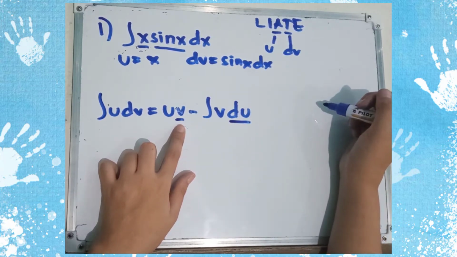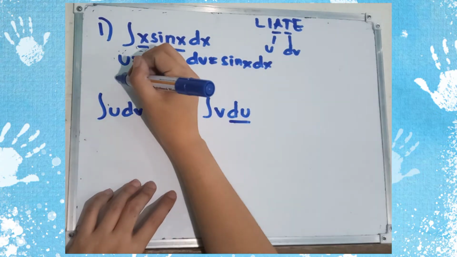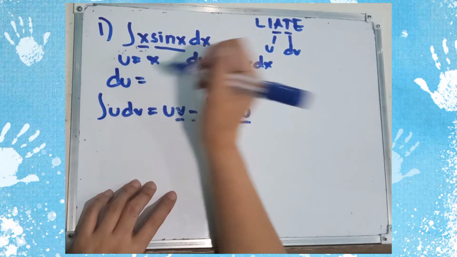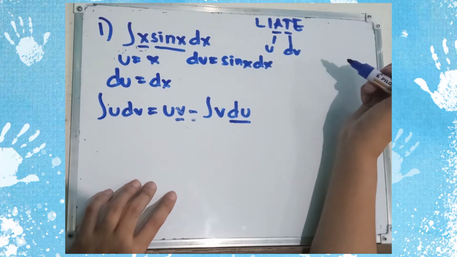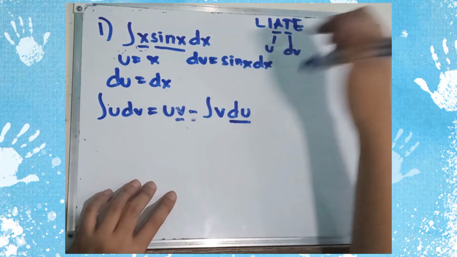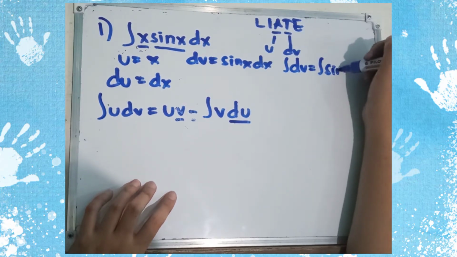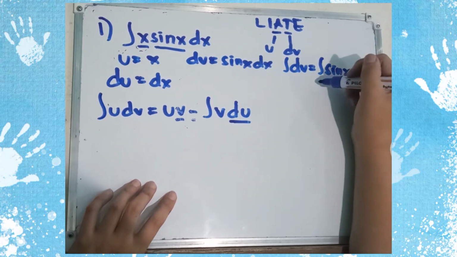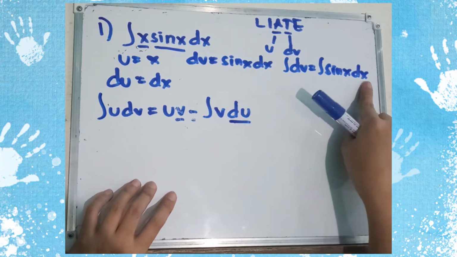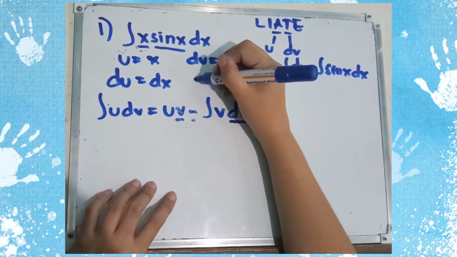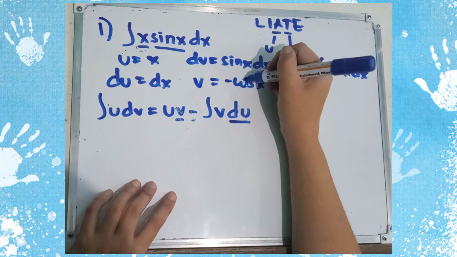To get du, we need the derivative of u. The derivative of x is simply dx. To get v, we need the integral of dv, that's the integral of sine x dx. As you all know, based on the previous discussions, the integral of sine x dx is simply negative cosine x.